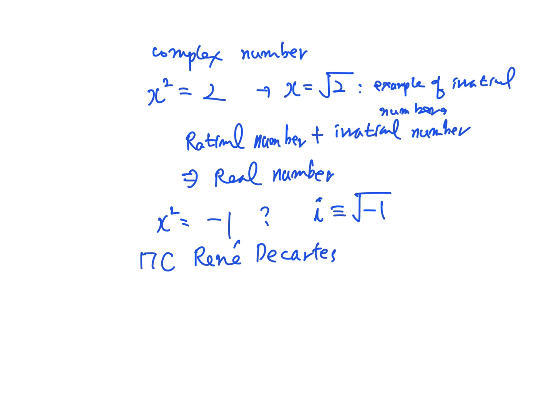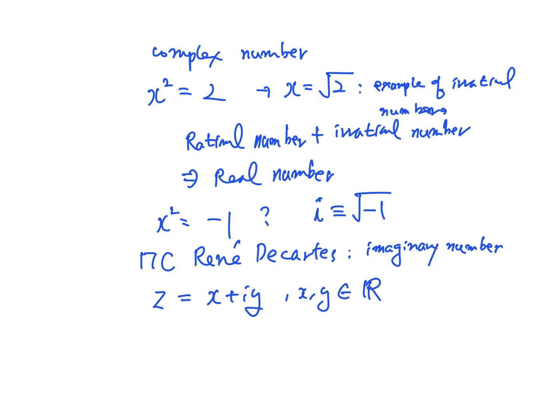So he called this particular number imaginary number, because suppose a number that gives -1 when you square it only exists in your mind, right? So Descartes called it imaginary number, and z is x plus iy. x and y both belong to real numbers. It's called complex number.